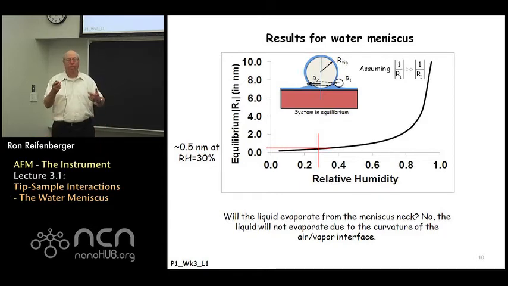So in equilibrium, that meniscus layer is always there. It's very hard to get rid of it. The only way to get rid of it is to reduce the humidity in your AFM down to close to arid conditions, 0% relative humidity.